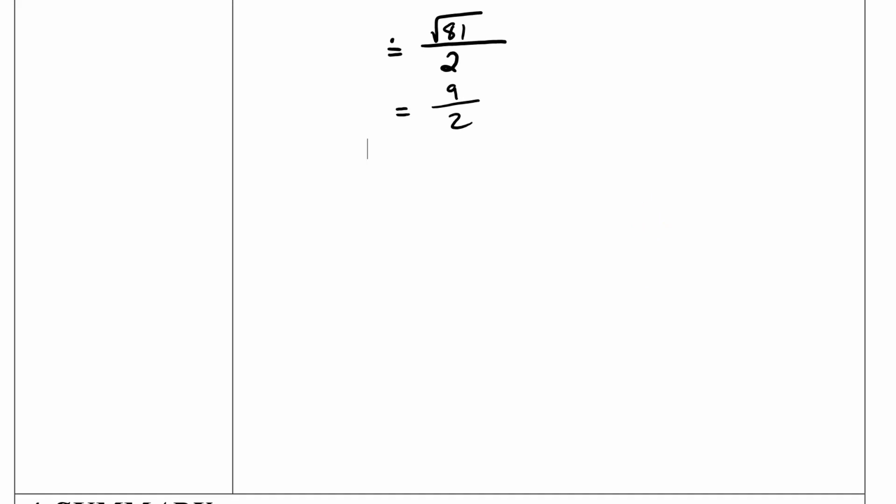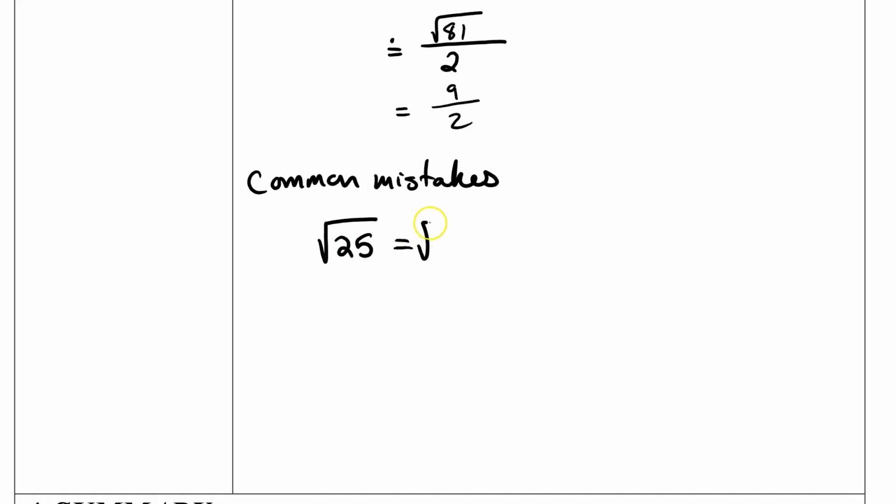I just want to take a moment right now to talk about the subtle differences and some common mistakes that people make. A lot of people say the square root of 25 is the square root of 5. I'm going to draw a big red X through this because that is not right. The true thing is the square root of 25 equals 5.